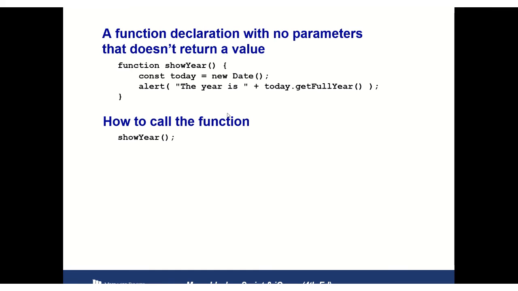Okay, so in JavaScript you can use no parameter at all. So in the function declaration, for example, here showYear, you can do today, new Date, and you can alert year is getFullYear, and you can call the function by simply calling its name. That's the syntax for calling the function.